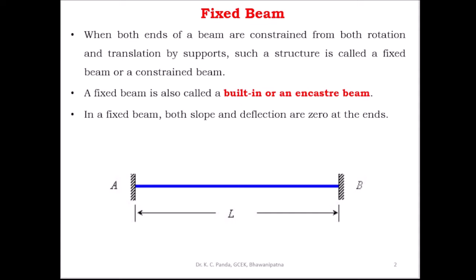A fixed beam is also called a built-in beam or encastre beam. In a fixed beam, both slope and deflection are 0 at the ends. This is the fixed beam, and this is the support A and support B, and this is the length of the beam. Here both ends A and B are fixed.